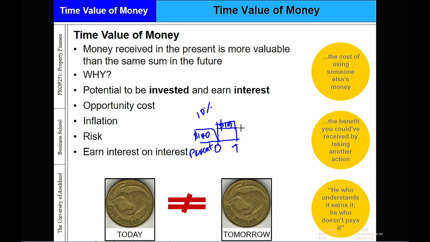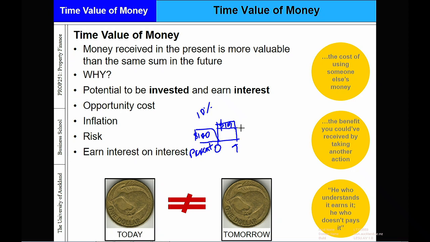But if you continue with compound interest, at the end of year 2, it's this whole amount that will start earning interest. With simple interest, it's always just $100 that earns interest. With compound, in year 2, it's going to be 110, which means by the end of year 2, you will end up with 121.